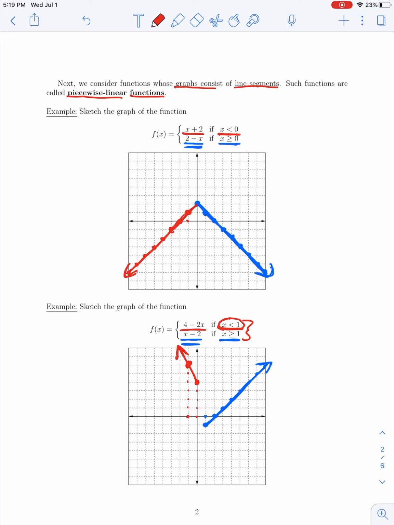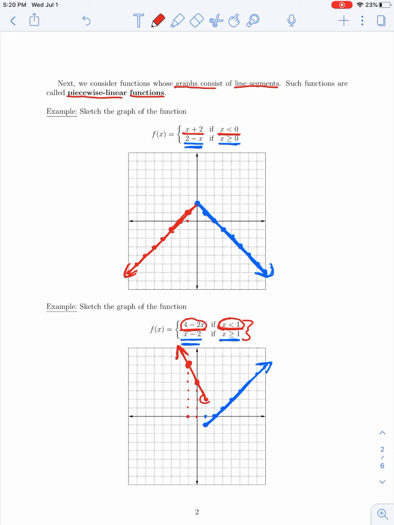So as the values of x are getting closer to 1, we see that the value of our function is approaching 2. So if we're getting very close to 1, the values of our function 4 minus 2x are getting close to the value 2. So our line extends, but when we hit x equals 1, the definition changes.